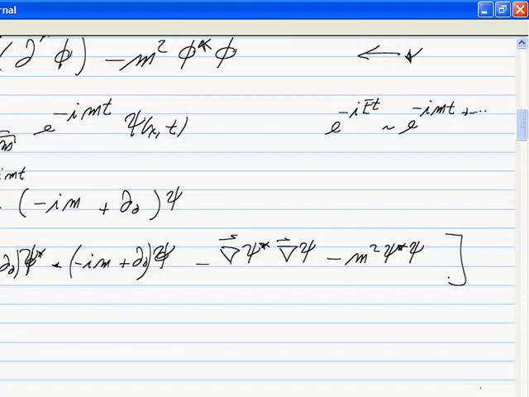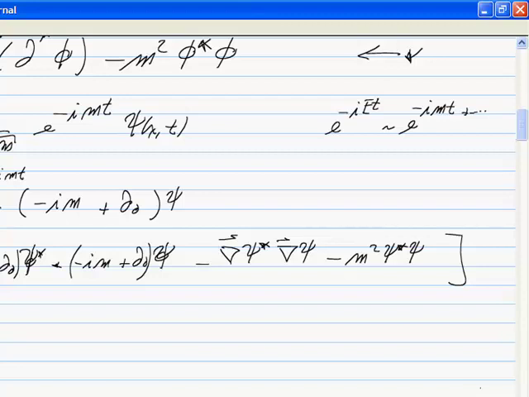Okay, so one of the things I've done is this exponential that sits out in front here, because it was psi star psi, that disappears. So this is just a redefinition at this stage.